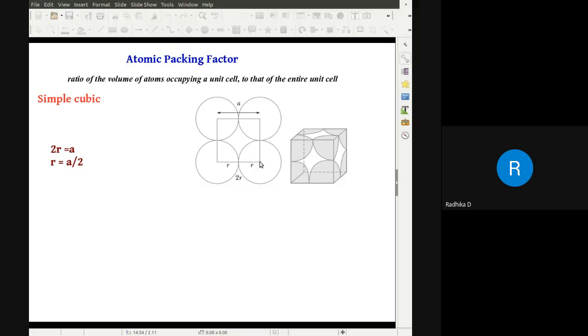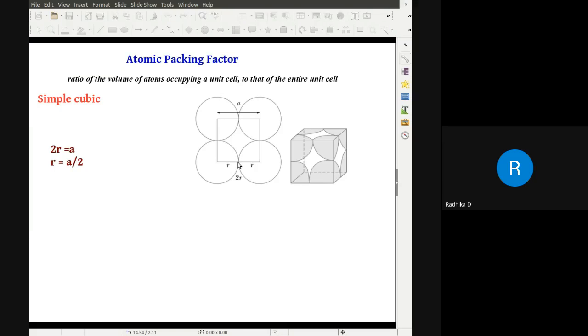The same way, from the center of the atom to the edge of the atom, the distance is the radius r. So I have considered 2 neighboring atoms here, and they are very next to each other, right? From the center to its edge is r, and for the second atom also, from the center to its edge is r.